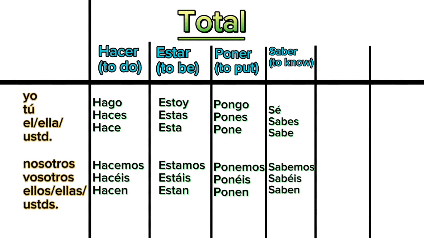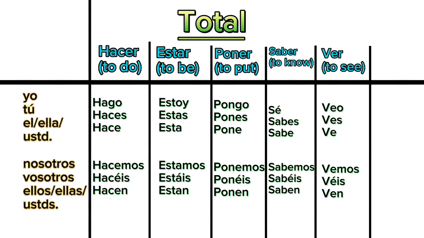Sé, sabes, sabe, sabemos, sabéis, saben. Okay? Ver. Ver means to see. The first one is veo, and all the others are the same: veo, ves, ve, vemos, veis, ven. Okay? Salir. Salir means to leave. The first one is salgo and all the others are the same: sales, sale, salimos, salís, salen.